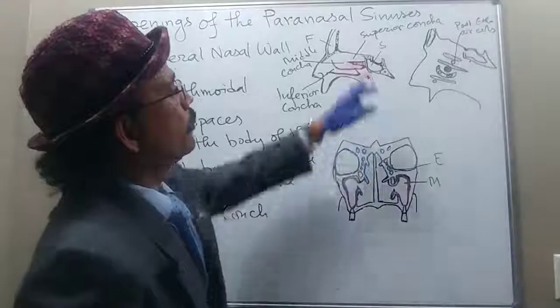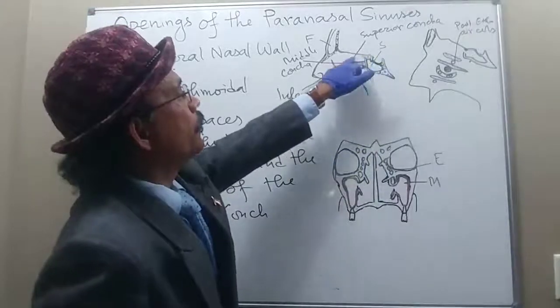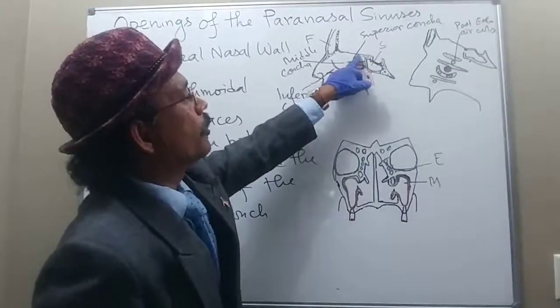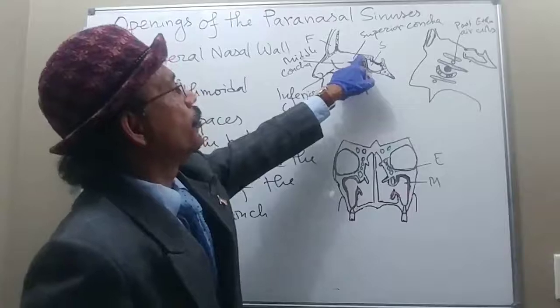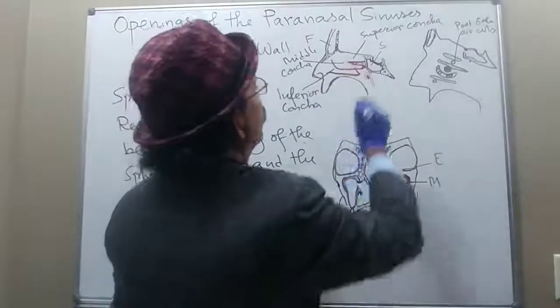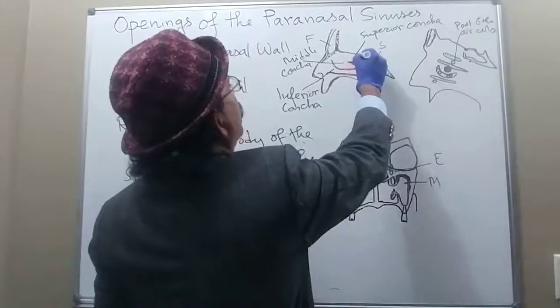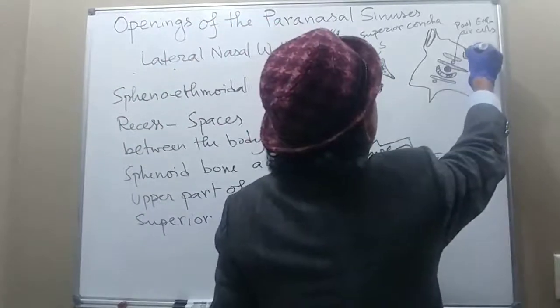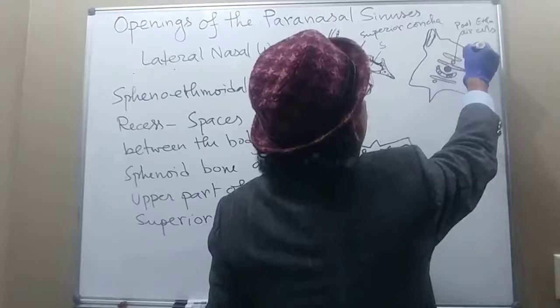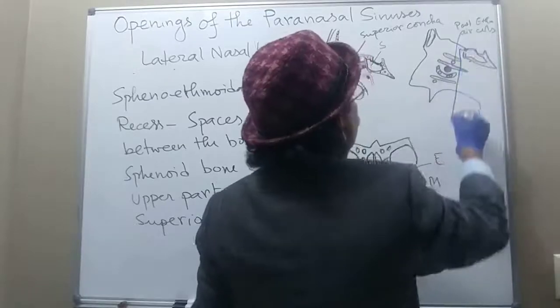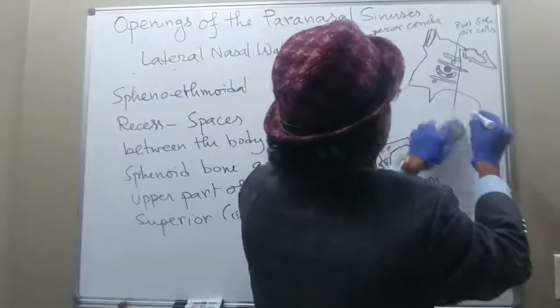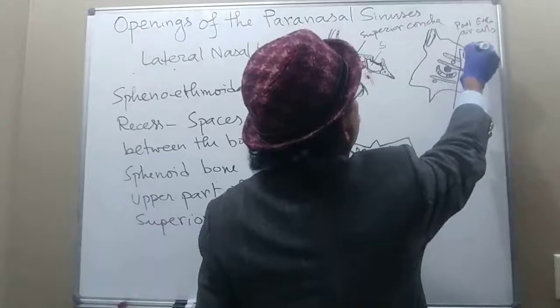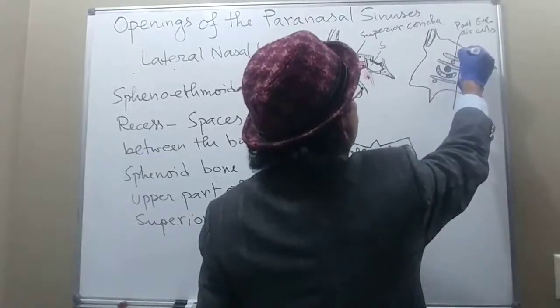So this is the superior concha, and this is the sphenoethmoidal recess here. Here is the opening of the sphenoidal sinus into the sphenoethmoidal recess. This is the area from here.